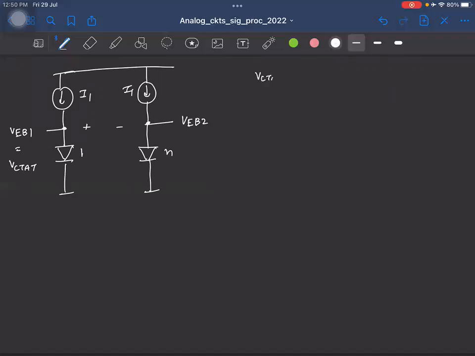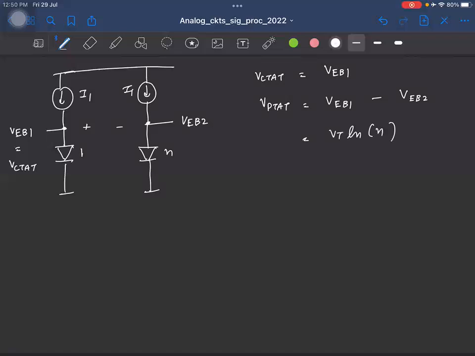So VCTAT is one diode drop. PTAT is the difference between two diode drops. In this case, what does it simplify to? The PTAT voltage, VT ln of N. Is that fine?